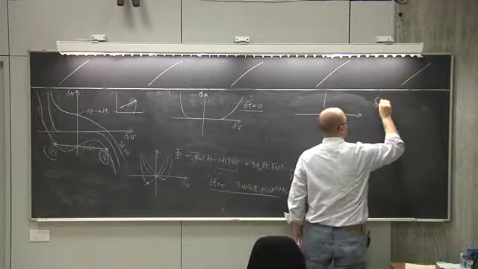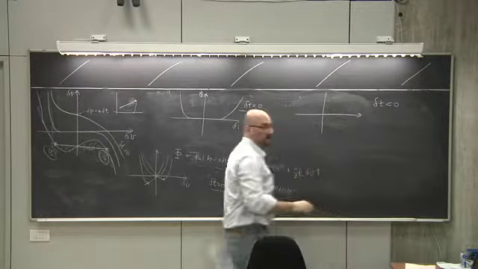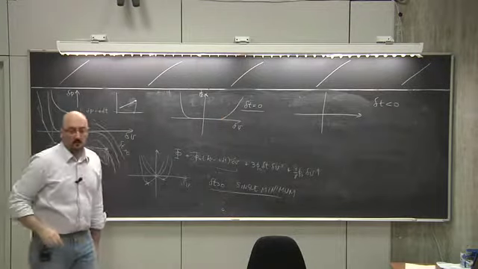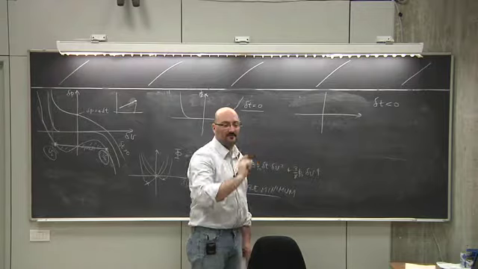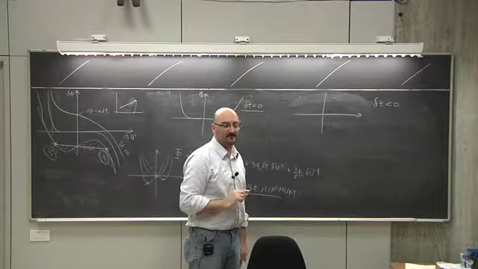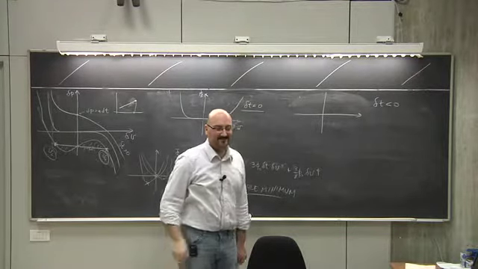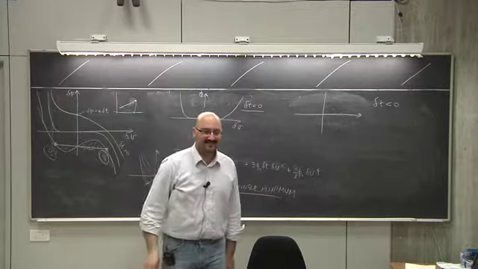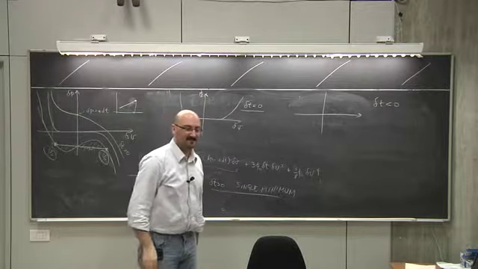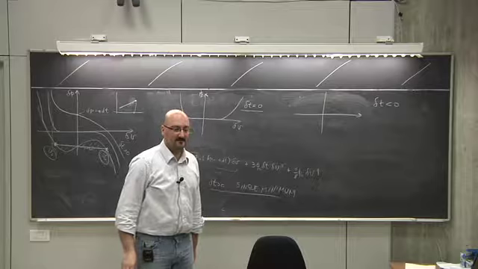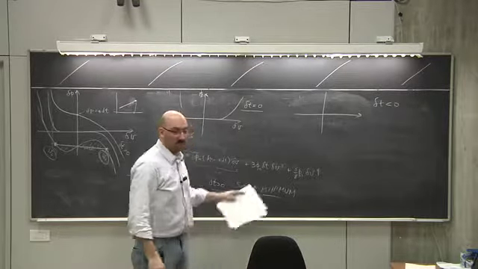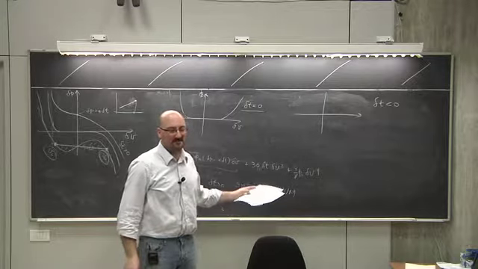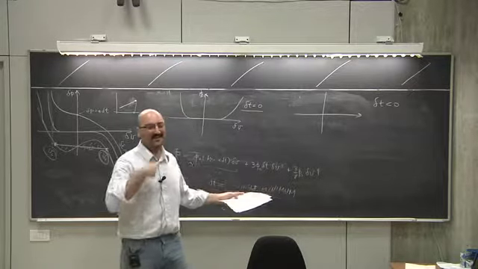If delta t is less than 0, how should I draw this function? What do you think? Which question? How do you draw this function? That's the question I'm asking you.